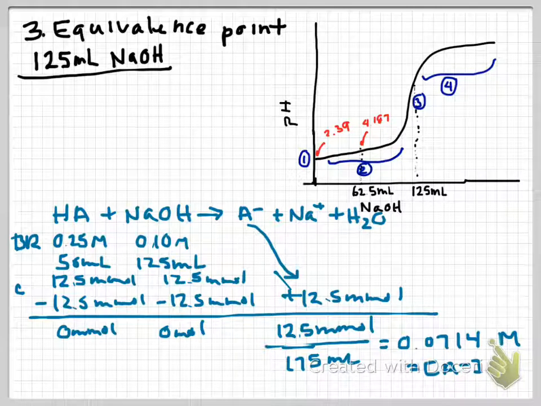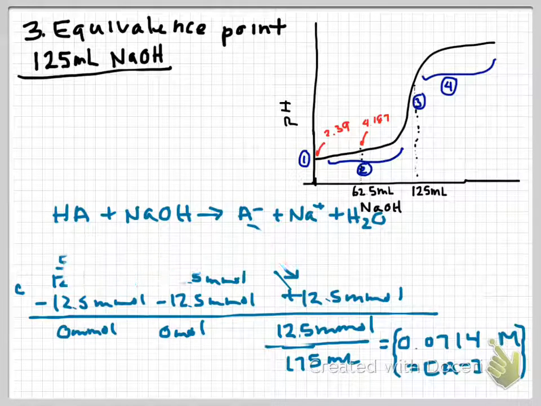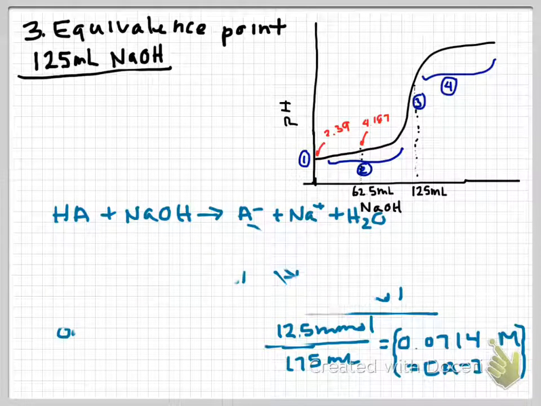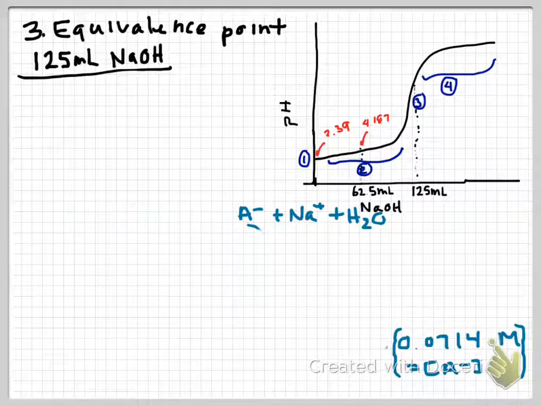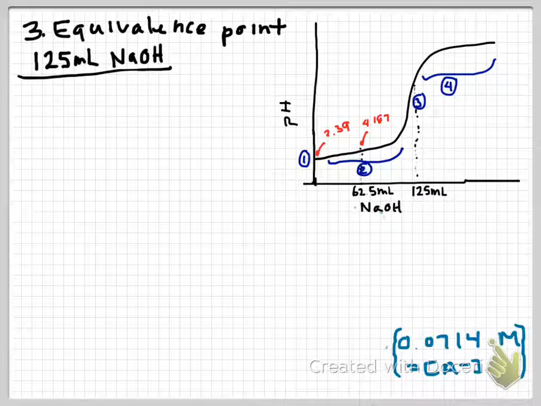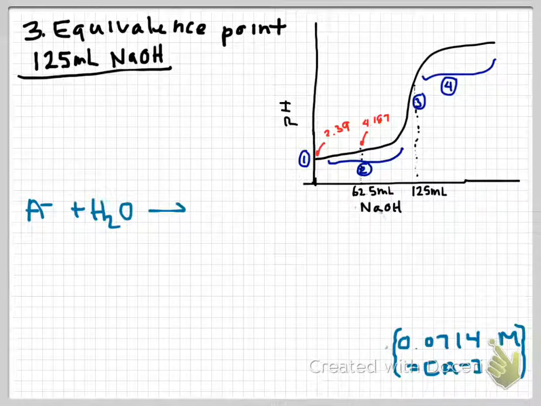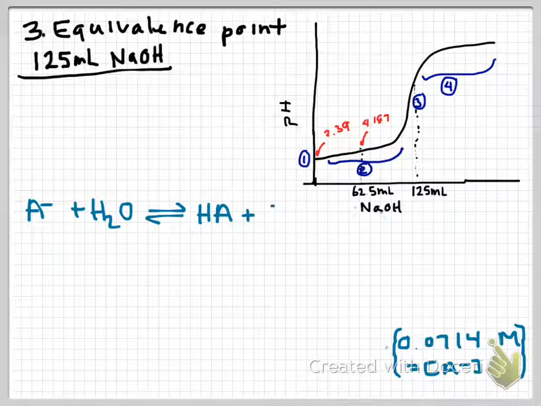We're going to solve this by using our Kb expression now. If I have a weak base, my reaction is now A minus plus H2O in equilibrium with weak acid plus OH minus.